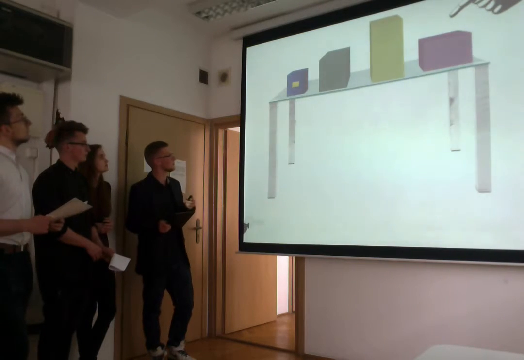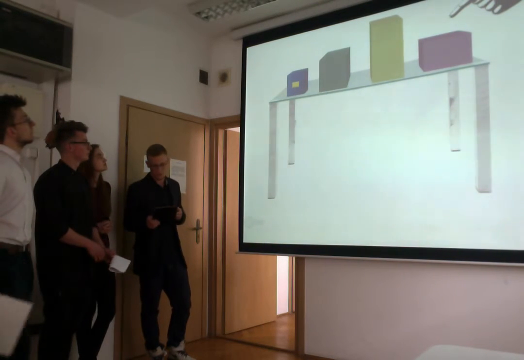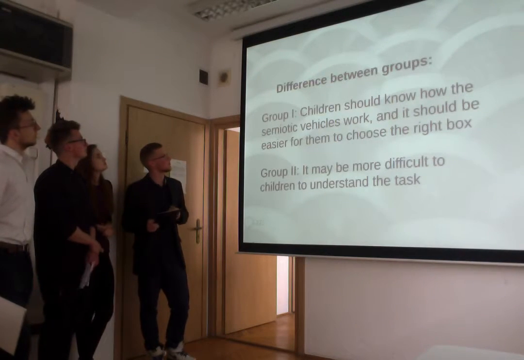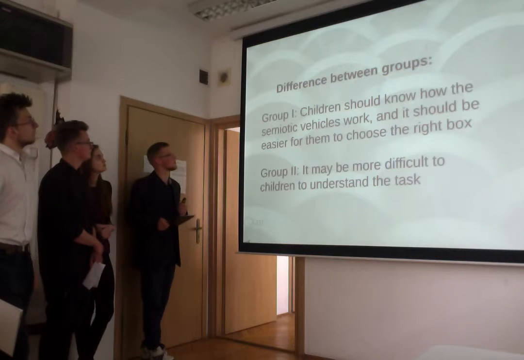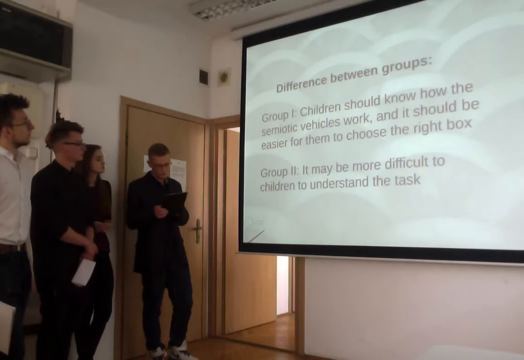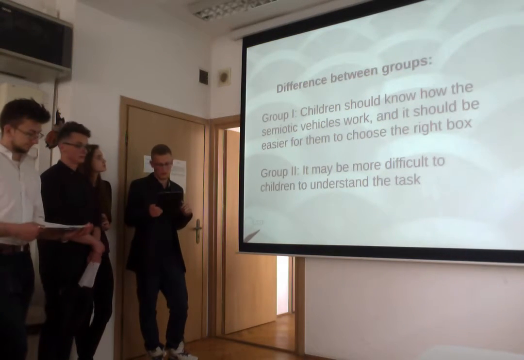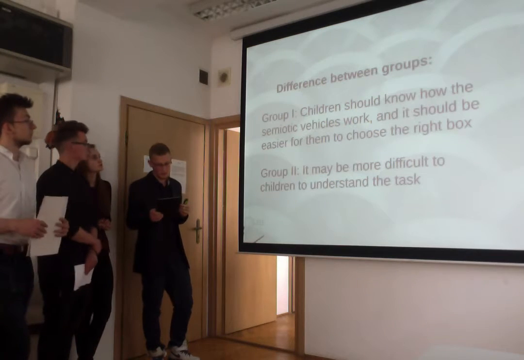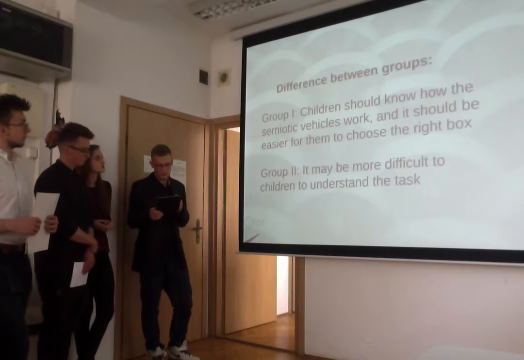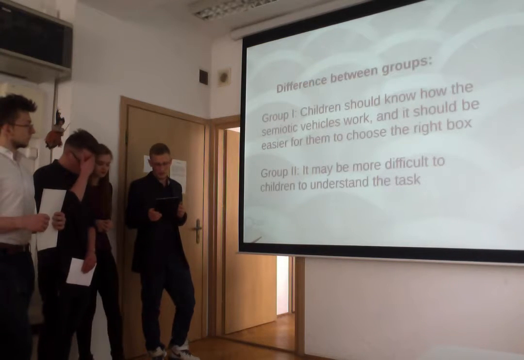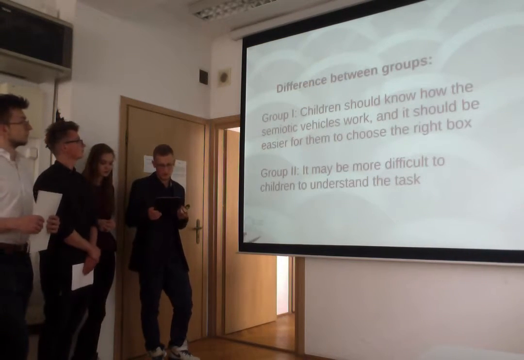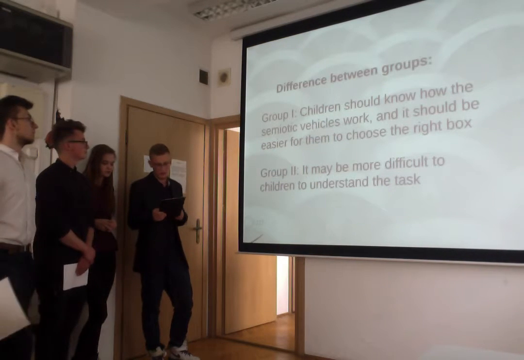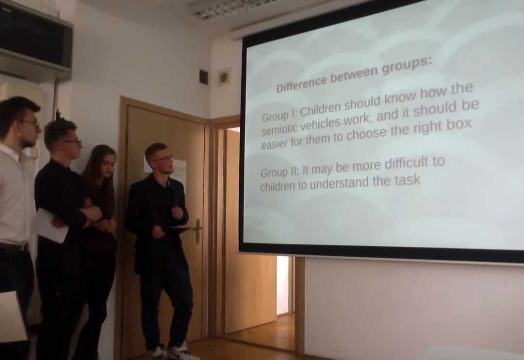Okay, there was pointing, and there is a posting sticker. There were some differences between groups. In the first group, children should know how the semiotic vehicles work, and it should be easier for them to choose the right box. In that case, we can see if they're able to comprehend the relation between the semiotic vehicle and the box, and exclude the possibility that children don't know one semiotic vehicle before.